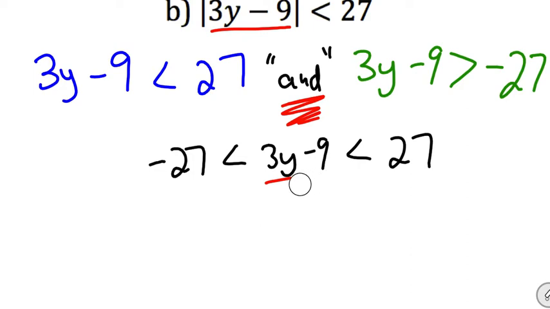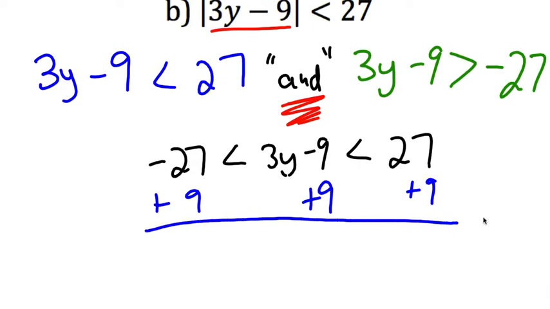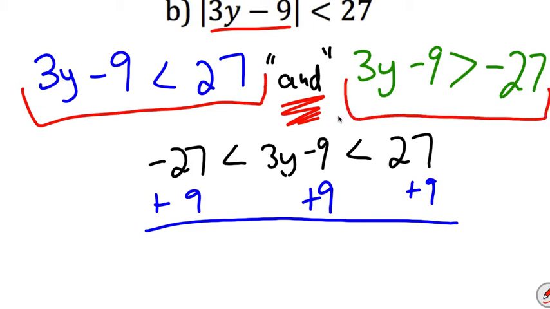Alright, so let's go through and solve this one, and again, doing it this way makes it easier, fewer steps. So add 9 to all three pieces here. If this is confusing to you, you can just keep using these right here and solve them separately. That's perfectly fine. They'll both give you the same answer.